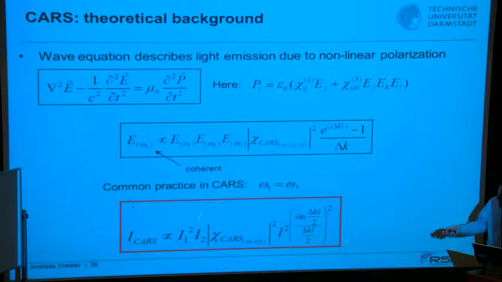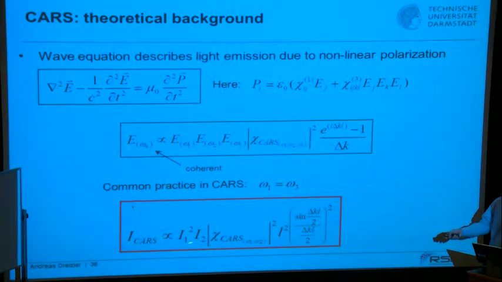In the end, we refer not to the electrical field components, but to intensities. That's what we actually measure. So that's why I refer only to this equation, where you have a CARS signal with a given intensity that nonlinearly depends on your 3 lasers that go in. For practical reasons, as we see in a second, you have 2 so-called pump lasers that have the same frequency.